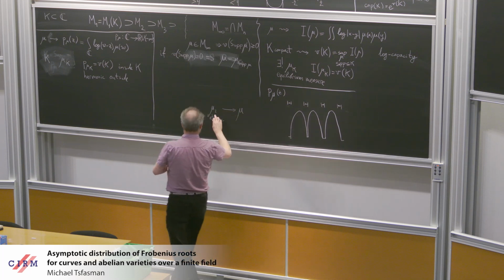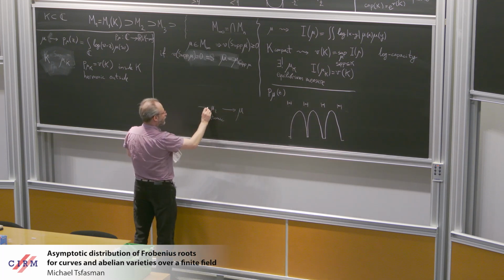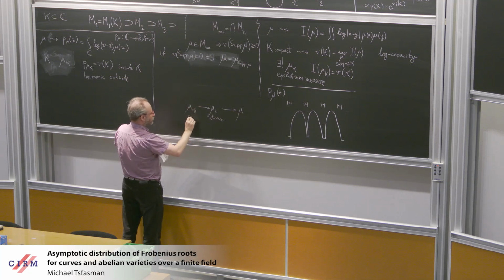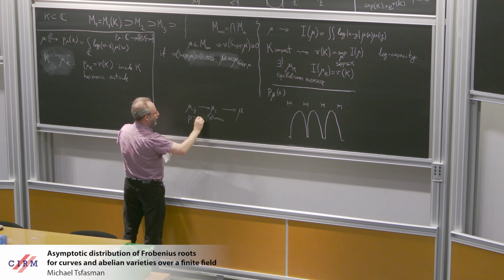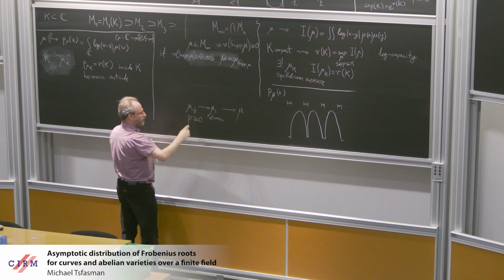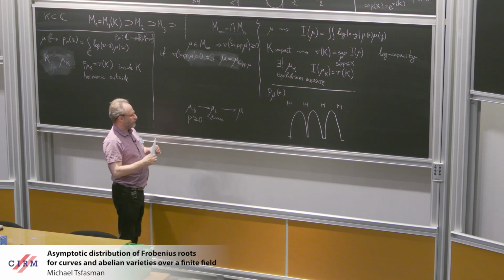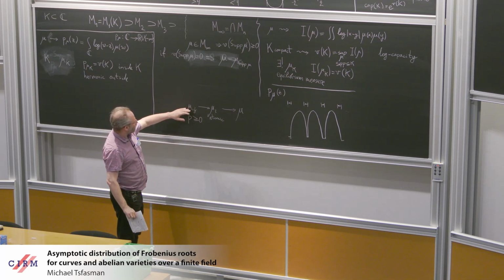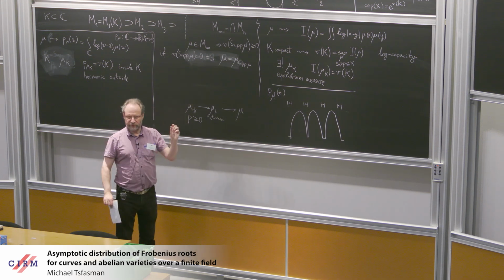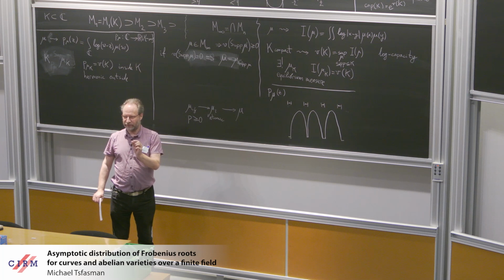And then you approximate each of these measures by mu ij that are already with positive potential, and with the mass going to 0, with the support, which is a union of many very small intervals.